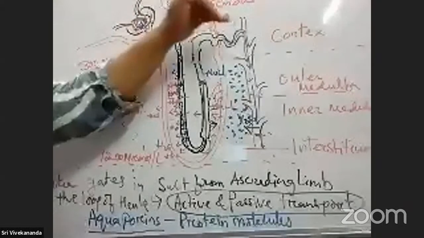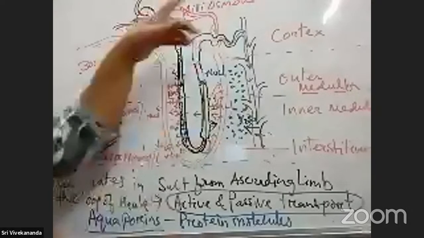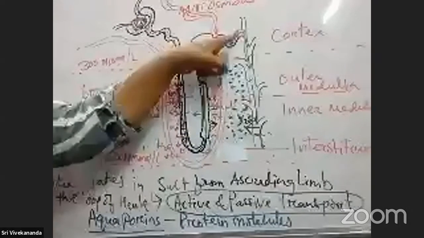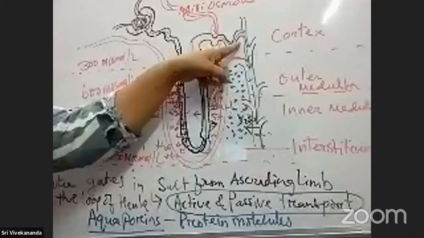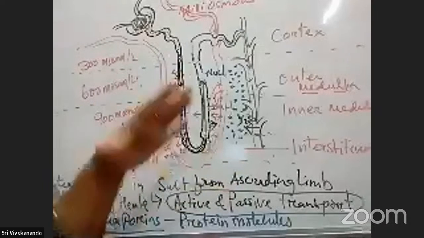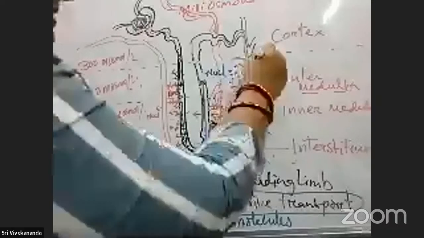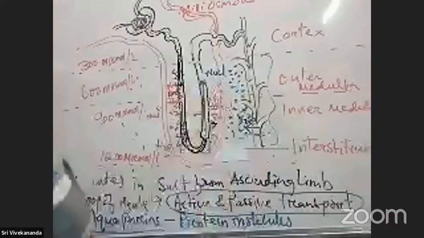So we were in the area which is the collecting duct, right? So the filtrate which is entering from the DCT into the collecting duct is moving down to be excreted as urine, right? So the final phase of water reabsorption takes place in this area.